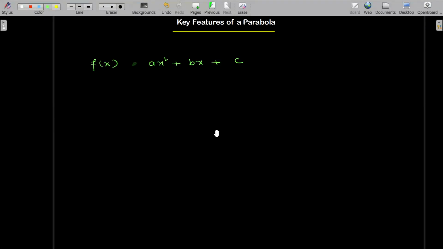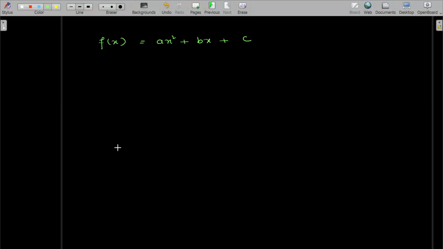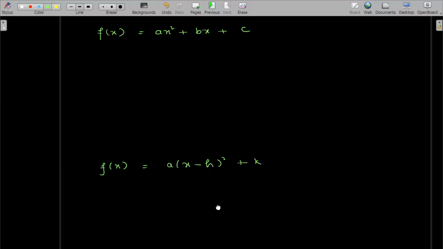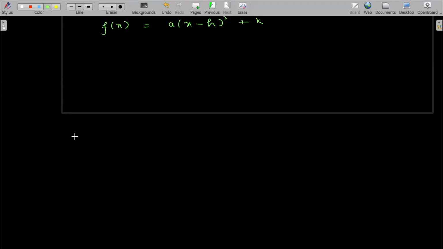Roots are the same as the x-intercepts. So 3 are done. You said vertex, x-intercept, y-intercept.